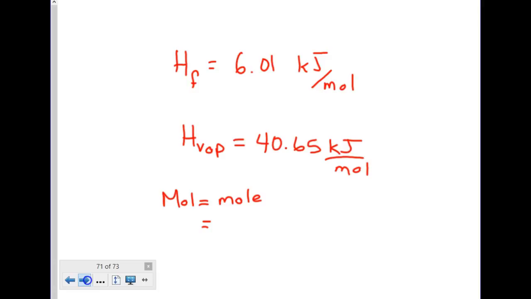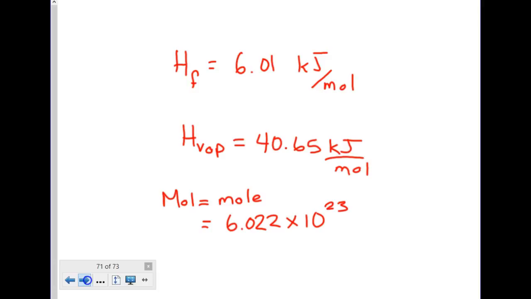In chemistry, when we say the word mole, we mean 6.022 times 10 to the exponent 23 of something.